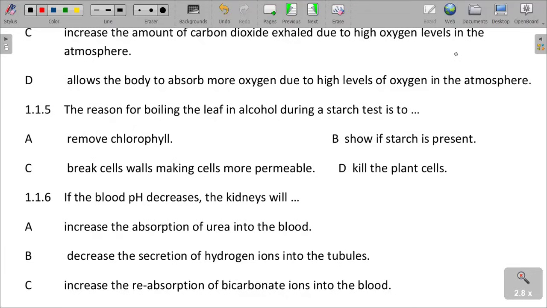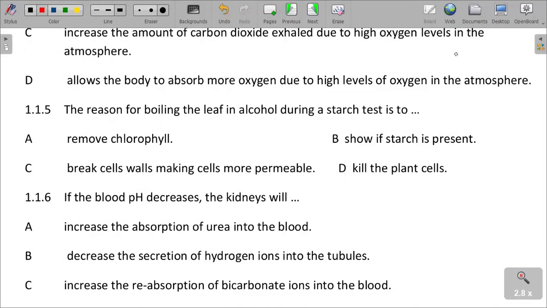We talk about oxygen, carbon dioxide, chlorophyll, sunlight and all those. Now, boiling the leaf in alcohol during a starch test is done in order to remove the chlorophyll in the leaf.